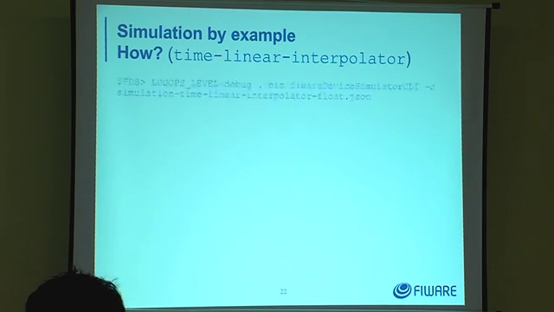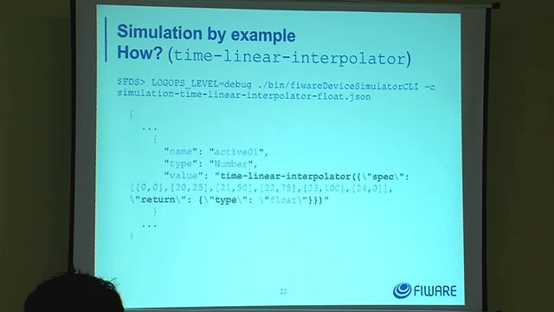I don't want to get into much detail. For example, this time-linear-interpolator allows you to get linear interpolation based on the time of the day. In this spec, you can see there is an array of arrays, of 2-element arrays. The first one is the decimal hour of the day. The second one is the real value of the linear interpolator.